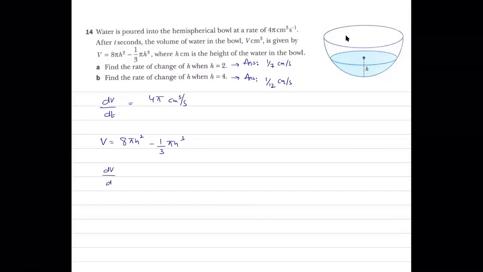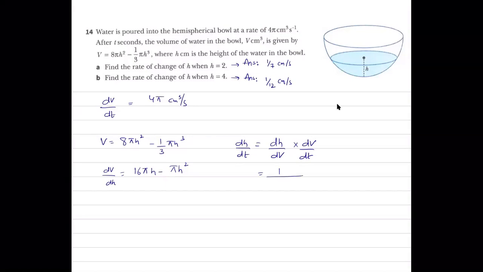So the same drill. I'm going to differentiate this first. 16 pi h minus 1 over 3 times 3 is 1, pi h square. Then to find dh by dt, I'm going to apply the chain rule: dh by dv times dv by dt. dh over dv is the reciprocal of dv by dh.